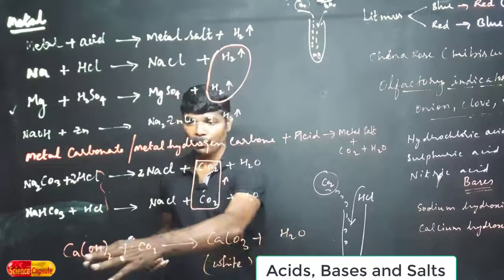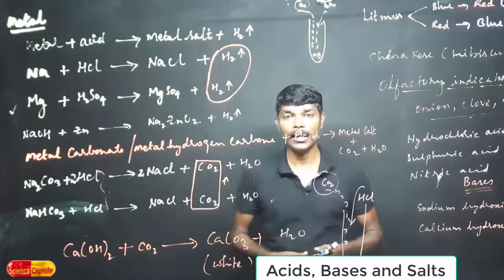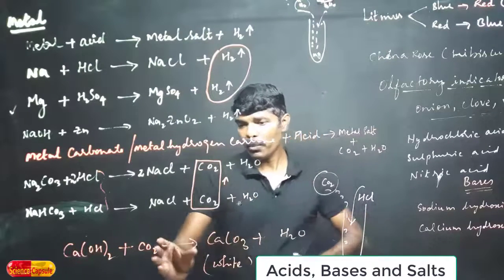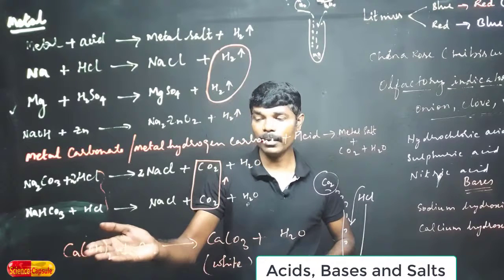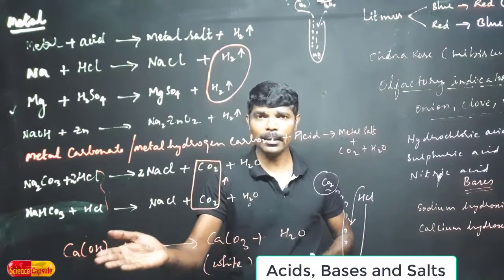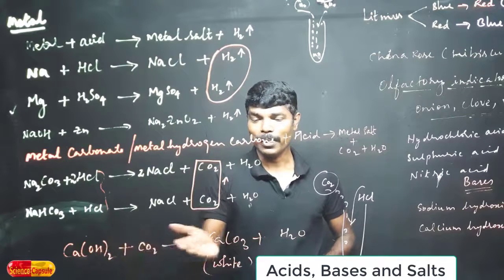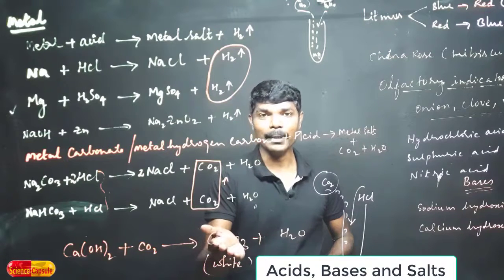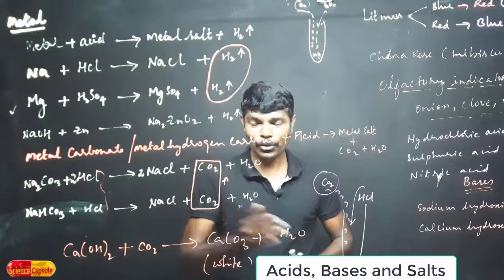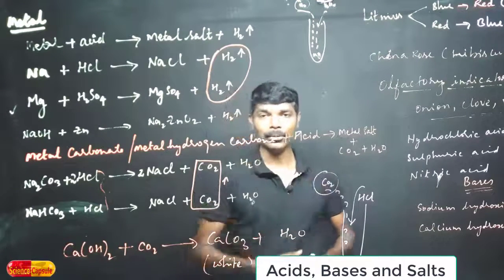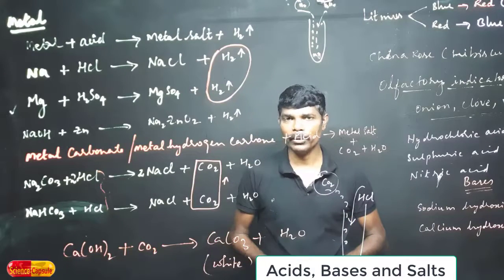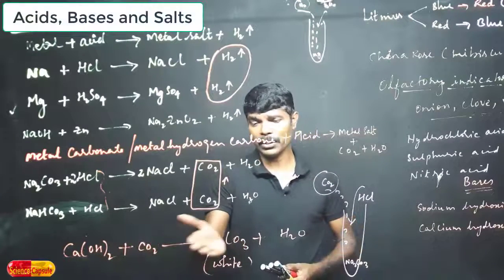You should know calcium hydroxide is a colorless solution, but when you pass carbon dioxide through a solution of calcium hydroxide, immediately the solution turns milky, that is, white. This shows that the gas formed in this reaction is carbon dioxide. No other gas turns it into a white precipitate.